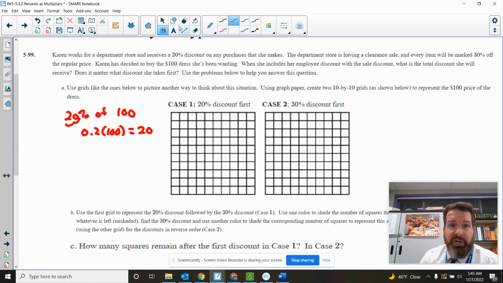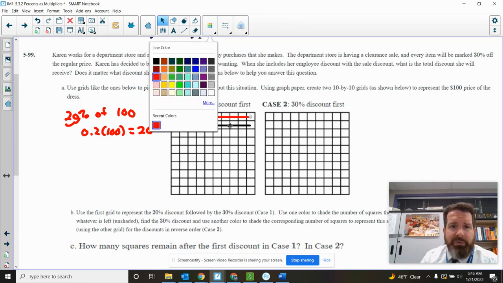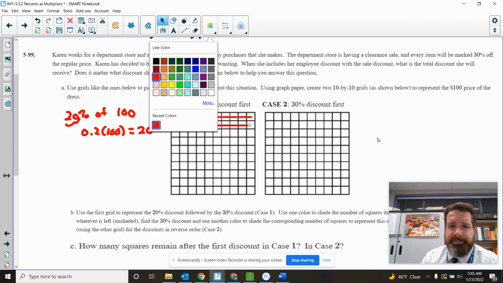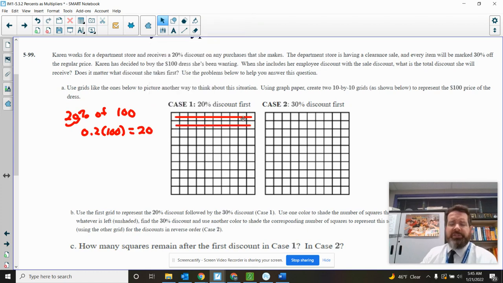So I'm going to now cross off here 20 squares representing the $20 that we have already discounted. And I'm going to make those red to show that this matches her employee discount. Okay. So already the price went down from $100 to $80.